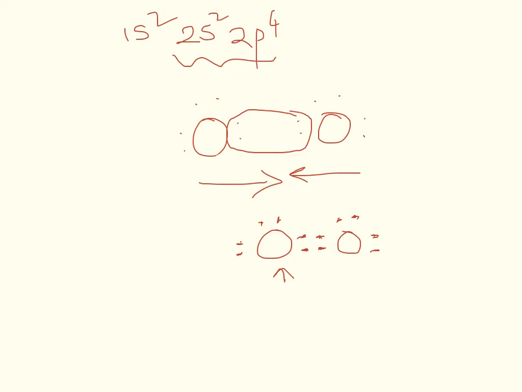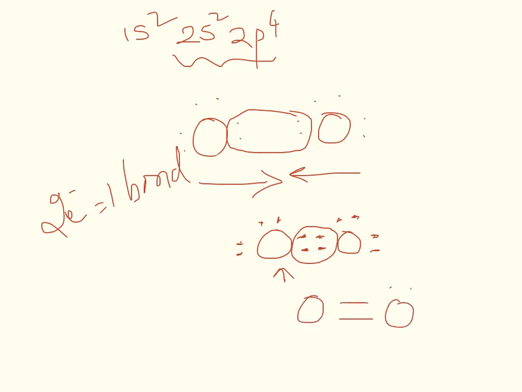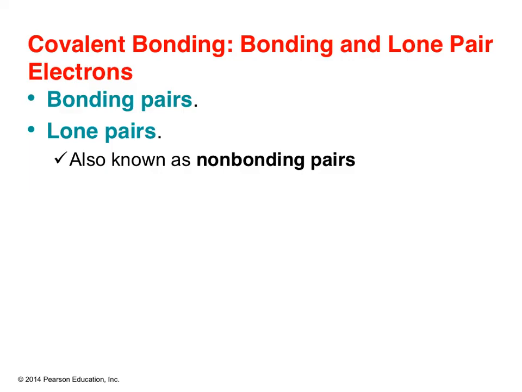So in the chlorine case, 2 chlorines shared 2 electrons. These oxygens are sharing 4 electrons. So every 2 electrons is one bond, right? So oxygen will have 2 bonds. Therefore O2 has a double bond. This is how oxygen exists.